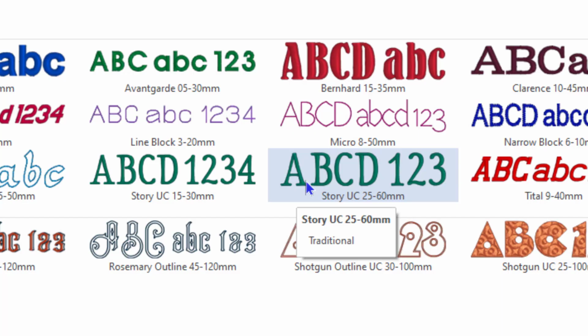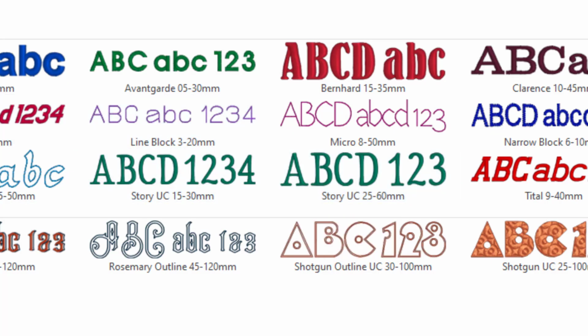The reason they're in there as duplicate fonts is that you might think, for example, that I'd like to use Georgia 20 to 40 millimeters, but when I spell out the words I want to use, I find I probably need to go back to Georgia 8 to 20 millimeters.